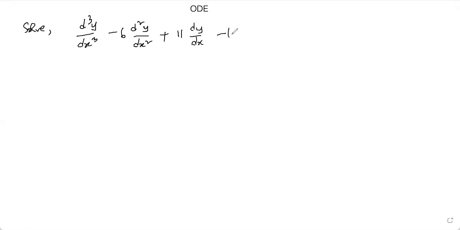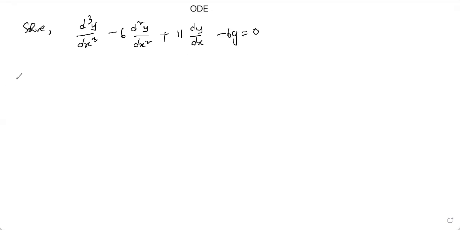Now let us solve d cube y by dx cube minus 6 d square y by dx square plus 11 dy by dx minus 6y is equal to 0.